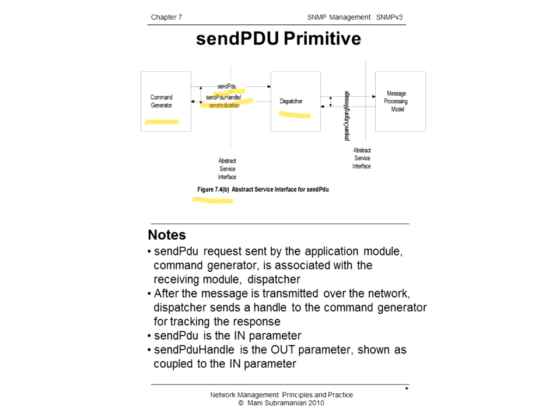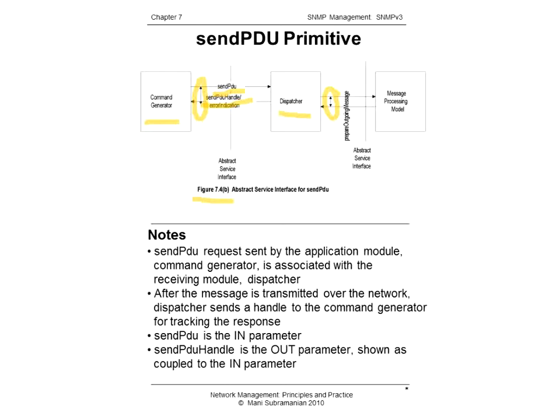So the command generator does accept the status information, and hence the coupling arrow indicated in this figure. Now the dispatcher sends an error indicator instead of the send PDU handle for the status information if the send PDU transaction is a failure.